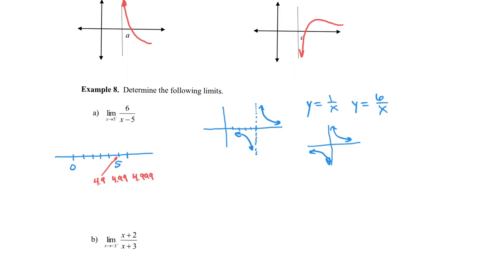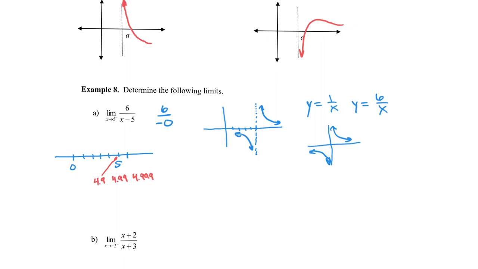So what I'm going to get is a 6 on the top. The numerator will be 6, right? This doesn't affect the numerator, still 6. Now the denominator: as I get closer and closer to 5 from the left, so numbers smaller than 5, I'm going to get numbers really close to 5 but smaller than 5. So when I do the subtraction, I'm going to get a really tiny but negative number. And the way we show that is this.